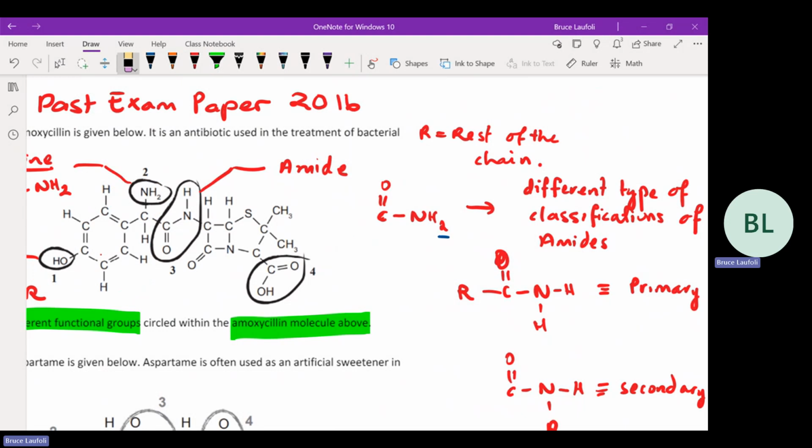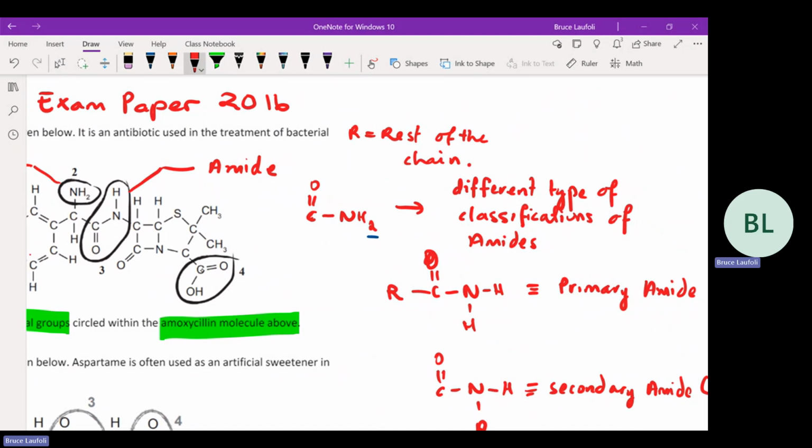So that's number 3, and the last one over here, we can see that this is a C double bonded O, and it's bonded to an OH. So don't mistake this for just an alcohol. This is actually a carboxylic acid group, because we have COOH. My pen stopped working, so I'm just going to quickly reset this.